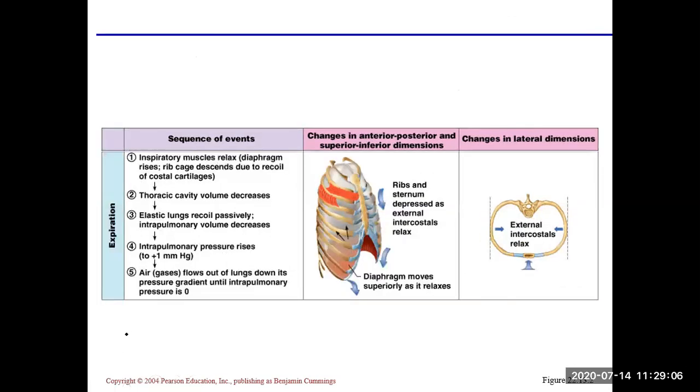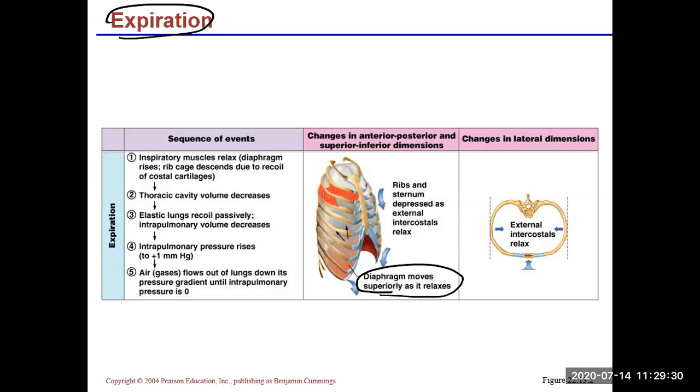Now, during expiration or exhalation, the opposite will happen. In other words, the diaphragm moves upwards, superiorly, as it relaxes. So in this case, the thoracic volume is going to be decreased now. A lot of those inspiratory muscles start relaxing.